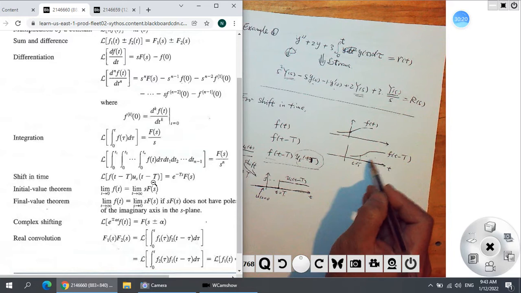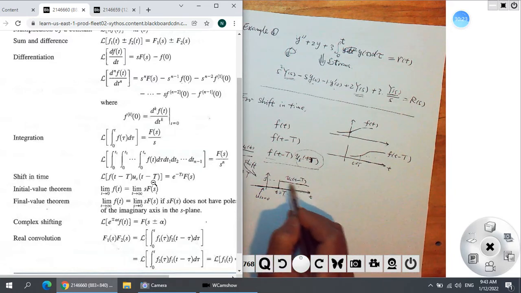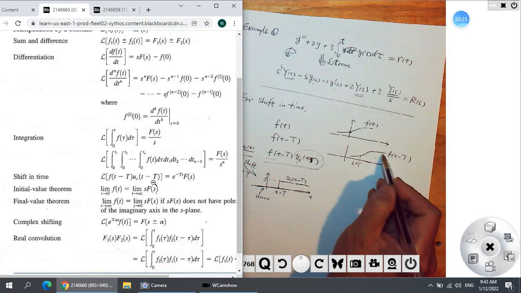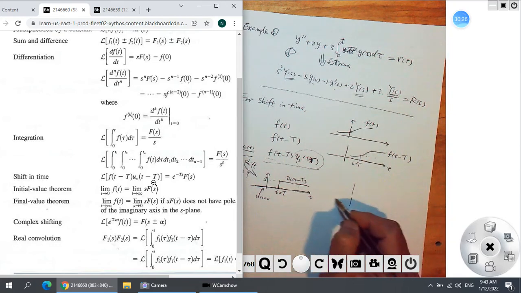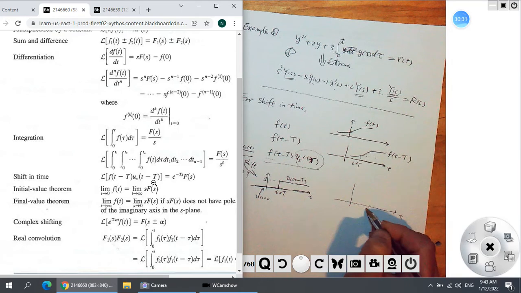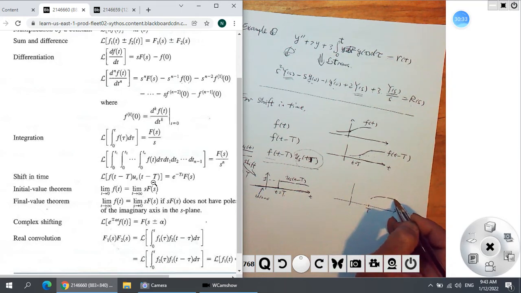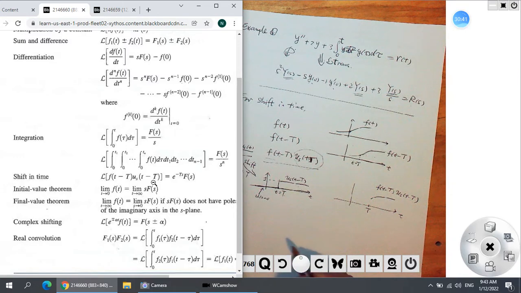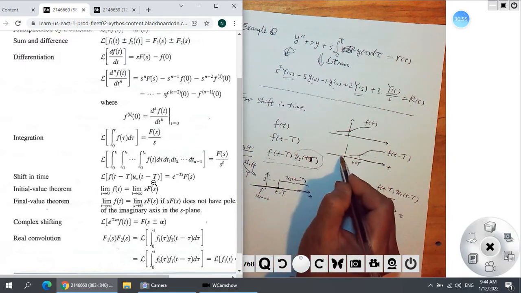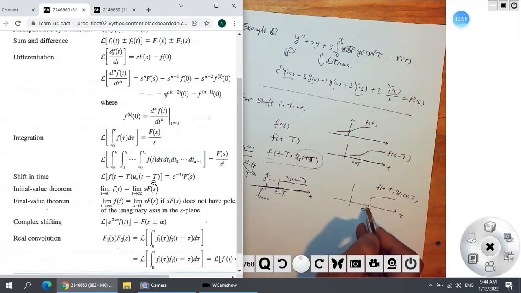You multiply these two together, because this is 1, so it is just this part: f(t minus capital T) times u_s(t minus capital T). It is just this one when time t is larger than capital T. And when time is smaller than capital T, on this side, here's 0. So 0 times some value here, you get 0.